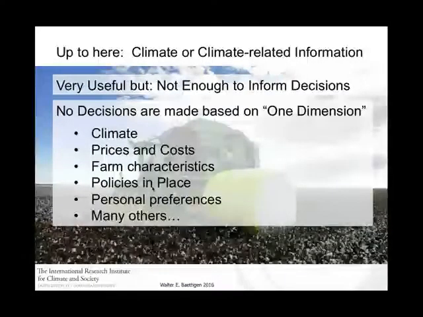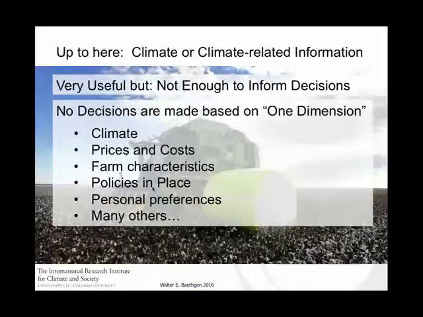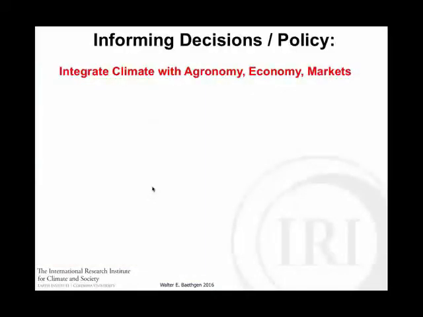Decisions take into consideration things like climate, prices, costs, characteristics of the farm, policies in place, personal preference, and many other factors. So if we want to inform decisions at the farm level, we need to integrate the information. Integrate climate information with agronomical information, economical information, information on markets.